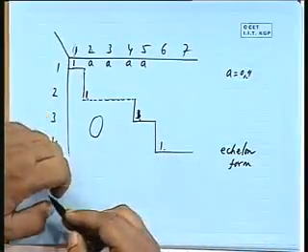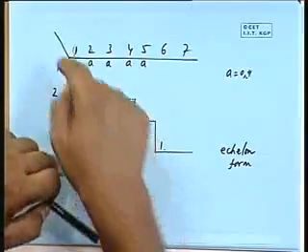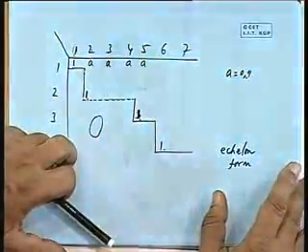This information is not given a priori to us. You have to create one, and then you will know what are the nodes to be selected for a possible tree. If you connect, what are the elements? 1, 2, 5, 6, they will form a possible tree. Since this is not unique, somebody may get 1, 2, 3, 7, that also can be another possible tree, element number 1, 2, 3, 7.